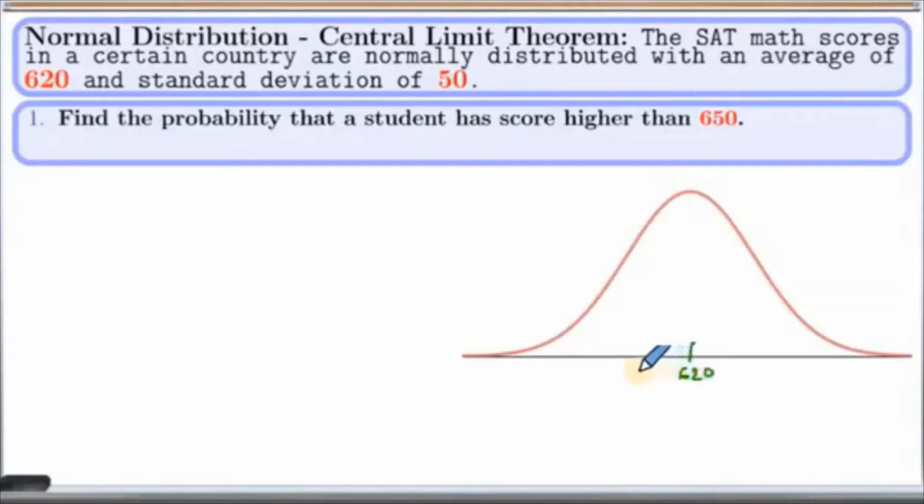If 620 is here, then let's say our 650 is here, and we are supposed to find this area to the right.